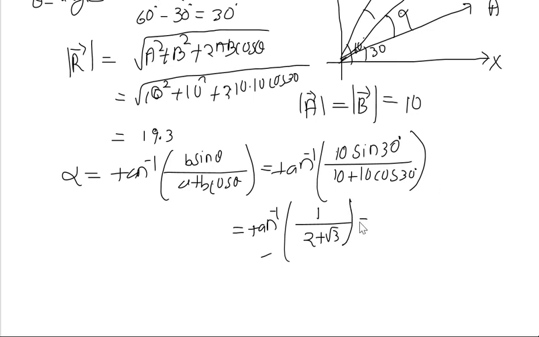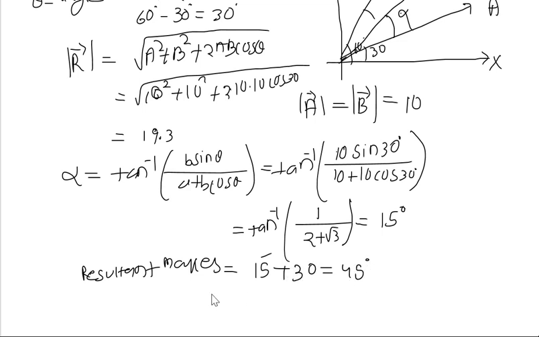So its value becomes nearly 15 degree. Okay. So the resultant makes a total angle with the x-axis: this one is 15 and this one 30. So the total is 15 plus 30 degree, which is 45 degree.